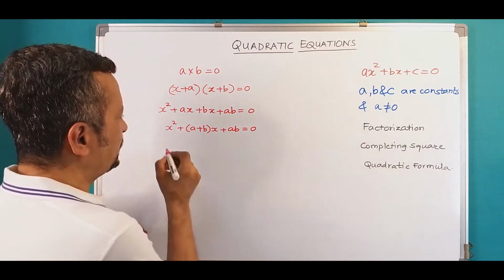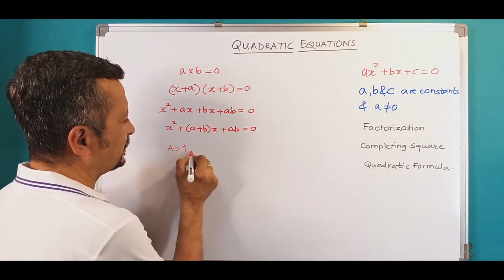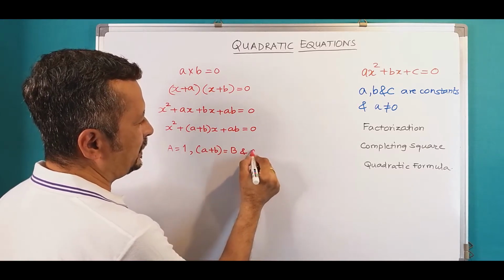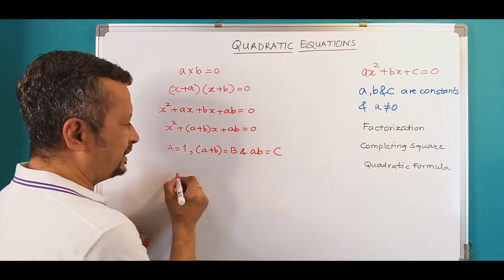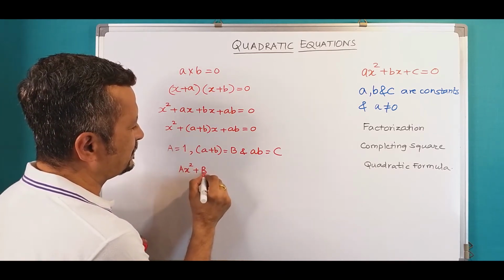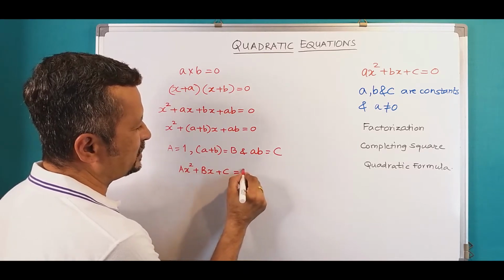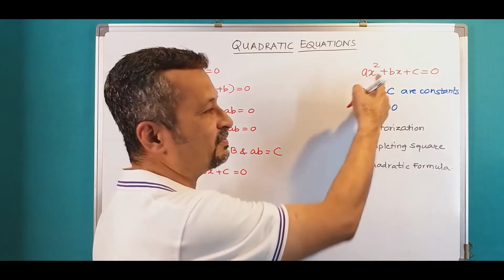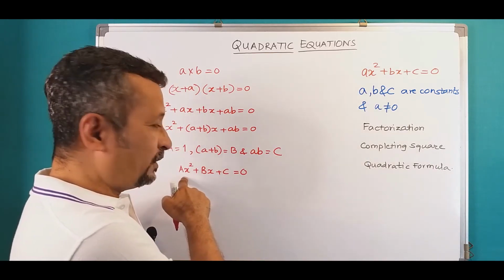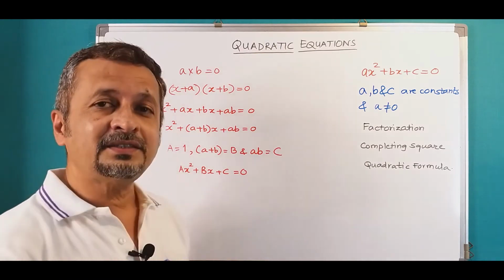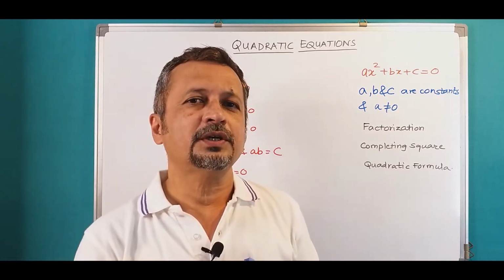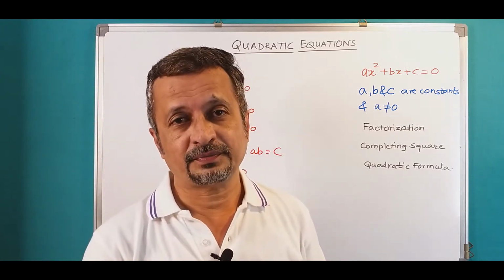Now if I put the coefficient of x² as 1, the coefficient of x as a + b, and the constant as ab, then I can write this equation as ax² + bx + c = 0. Is it not the same form here, right? My equation ax² + bx + c is a quadratic equation, and from this logic we will proceed towards solving it by factorization.